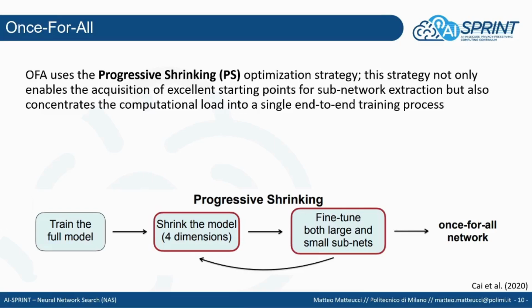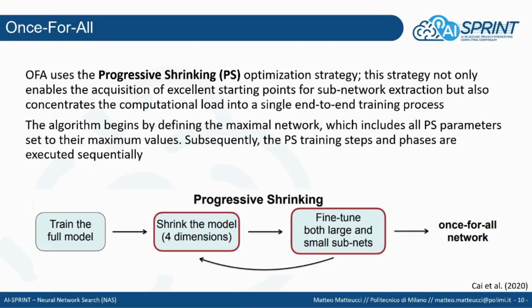This idea of learning once and then customizing uses different tools, different mechanisms. One of these is called progressive shrinking. This strategy allows us to select an excellent starting point for the subnetwork extraction, but also tries to concentrate the computational load into an end-to-end training process.